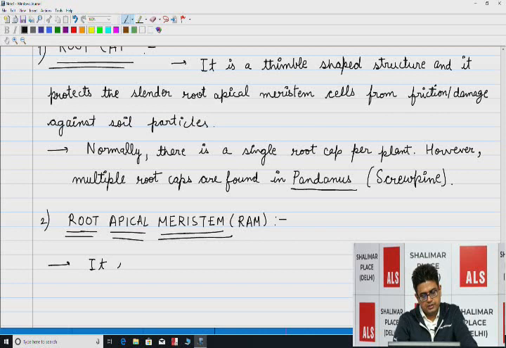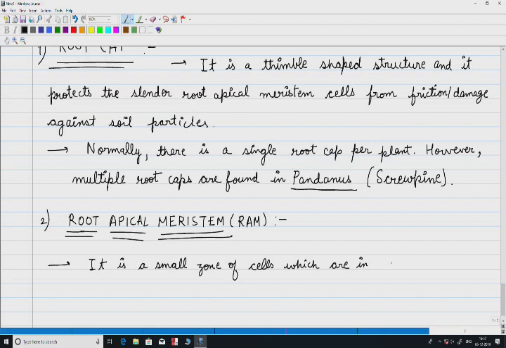It is a small group of cells, a small zone, a small region of cells which are in an active cell division state.